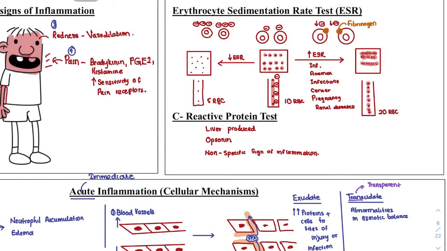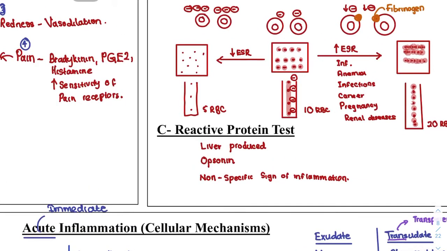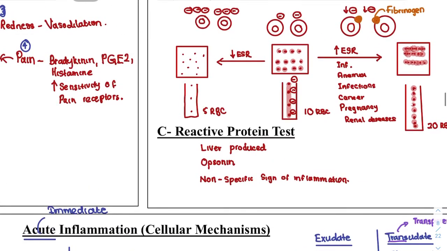Next, I will talk about a decrease in ESR, how that happens. This is mainly because either the negative charge of the red blood cells has increased or the cell size has become smaller or abnormal. First example, sickle cell anemia. Next, we have polycythemia. This is an increase in red blood cells.